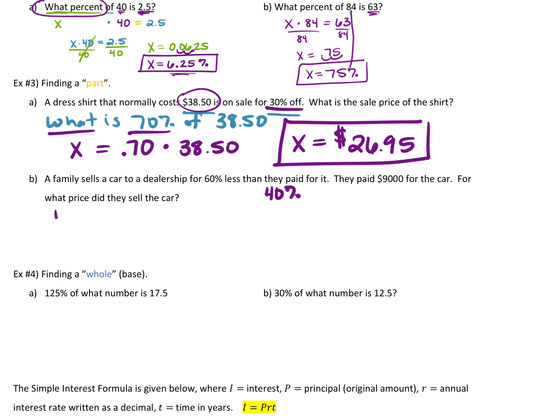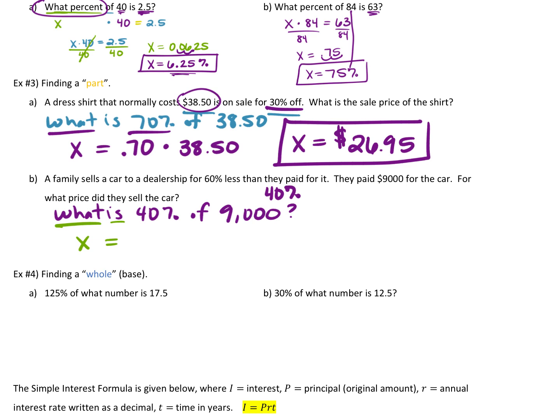So basically we're saying, what is 40% of 9,000? Again, if you want to set up the proportion, you could, but the way this is set up, this is your x, "is" is your equals, so you have isolated your variable already, which is what we want to do.